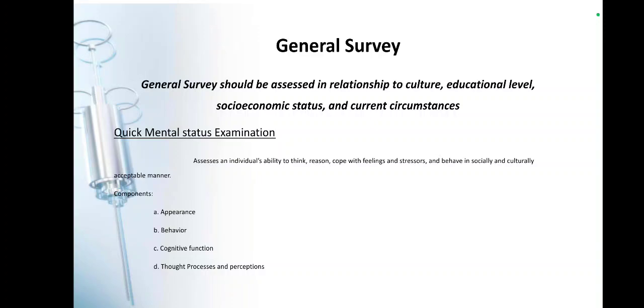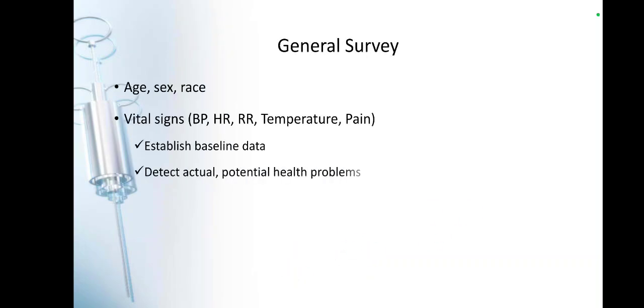During the general survey, the observation can be done during your interview process. That's why you are capable of assessing the appearance of the patient, their behavior, their cognitive function, and thought process during the interview. So again, we check for the age, sex, race, and vital signs.